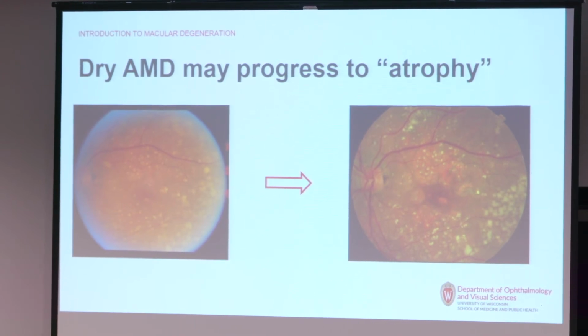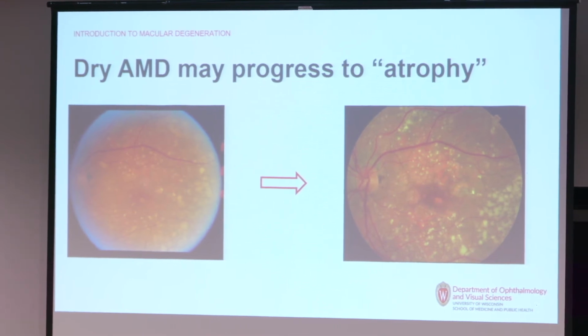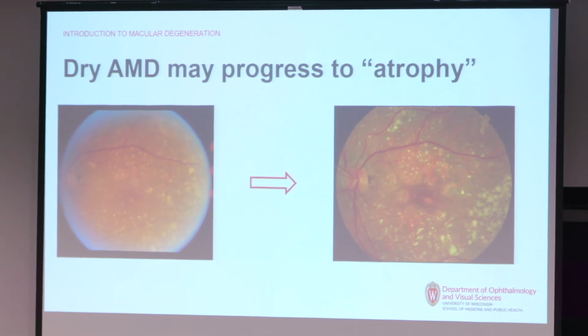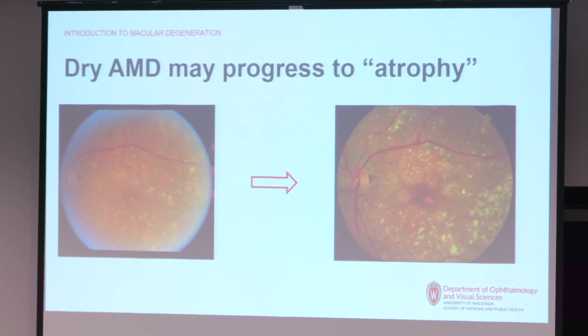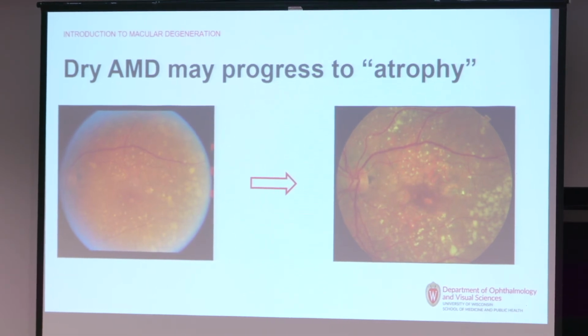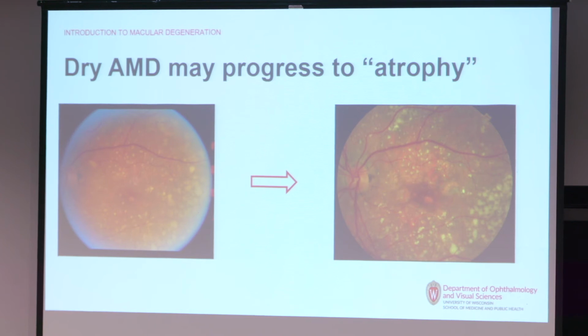Those are patches where the retina is very thin, and they can no longer see through that area or not see clearly. So all patients with macular degeneration start out dry, and some can become quite severe. This is less than 10%, so perhaps 3 to 5% of all patients. In this country, however, we have 15 million people with dry macular degeneration.